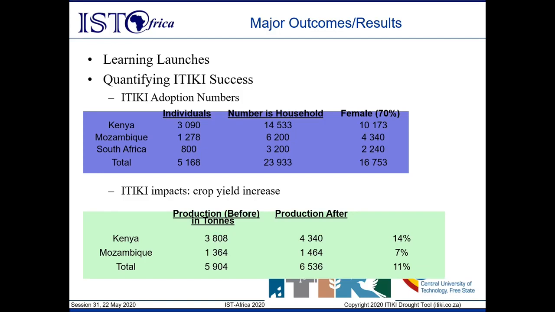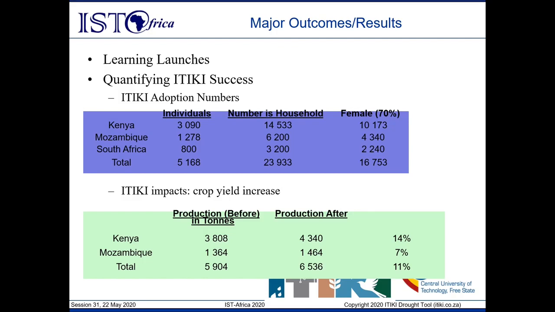And also notice that the nature of the small-scale farming in Africa is such that it's female-driven. And we are also keen on checking the statistics thereof. Slightly over 70% of our customers are female.